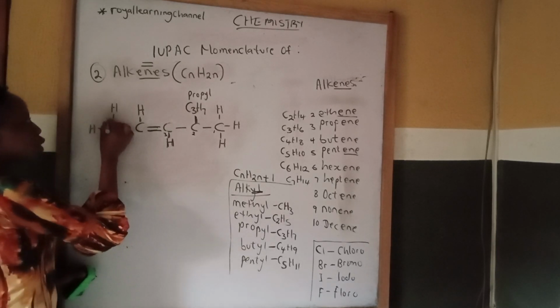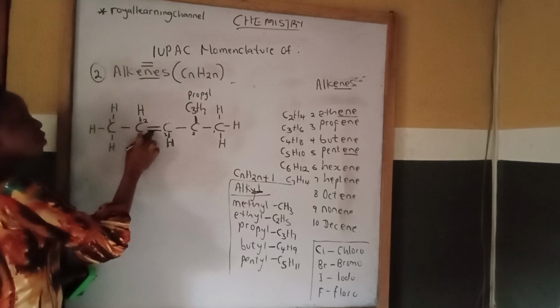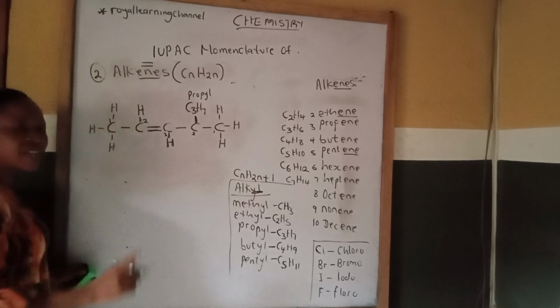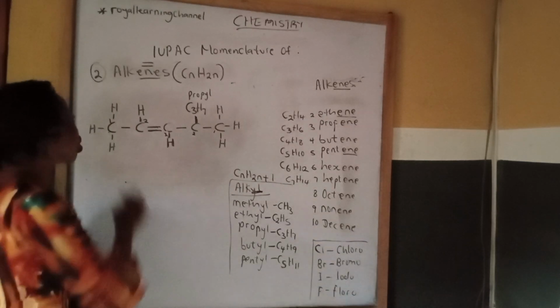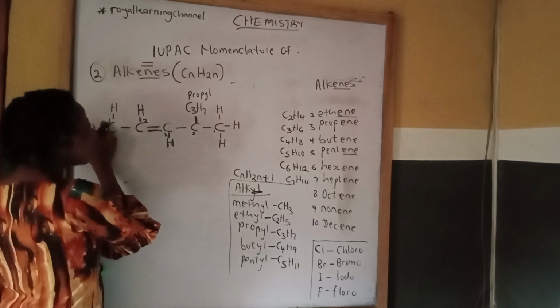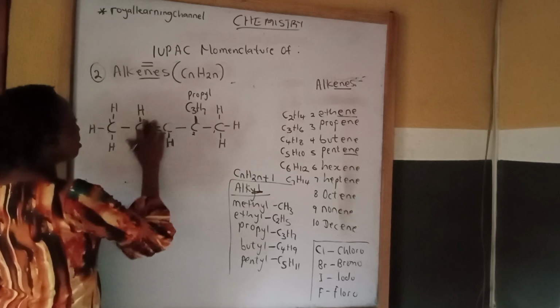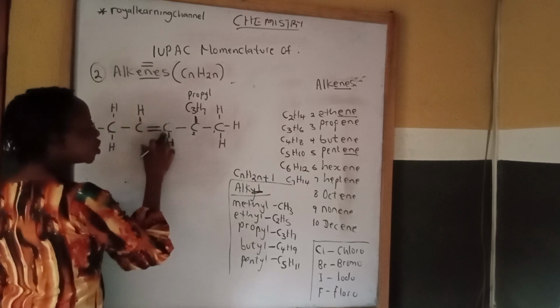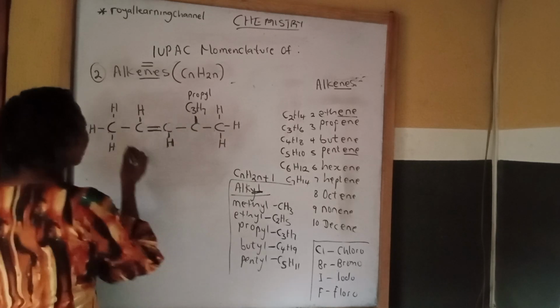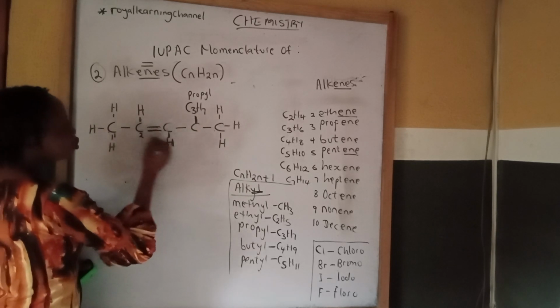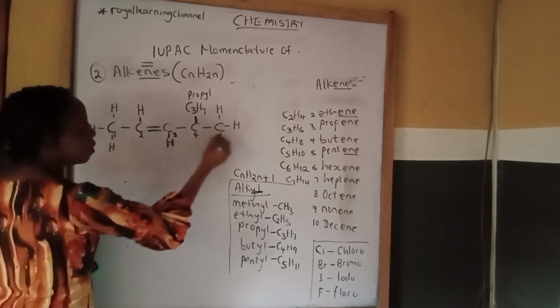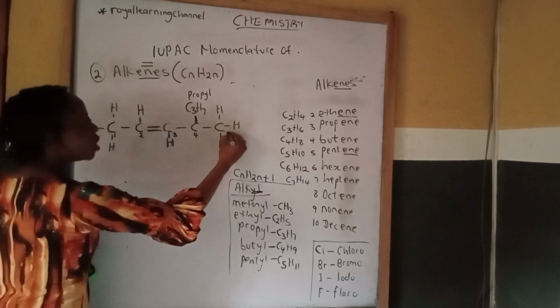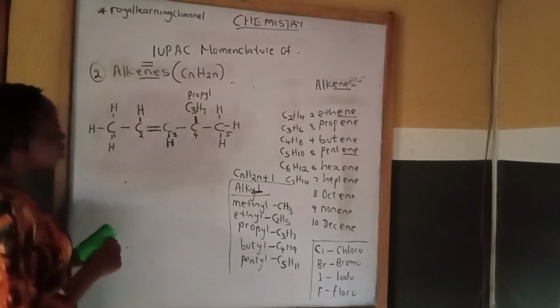But if I name from this side, 1, 2, my double bond will be on the second carbon atom. So the right position to name this structure is from the left hand side, because my double bond is on the second carbon atom from the left. 1, 2, 3, 4, 5. So what will you call this structure?